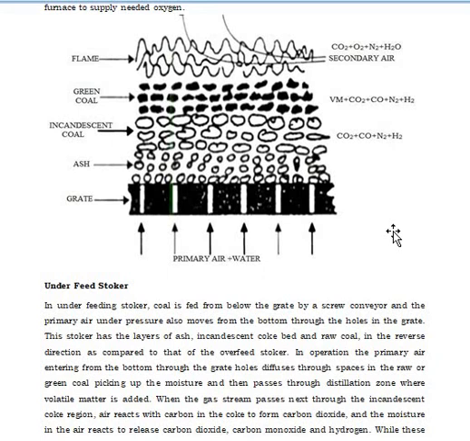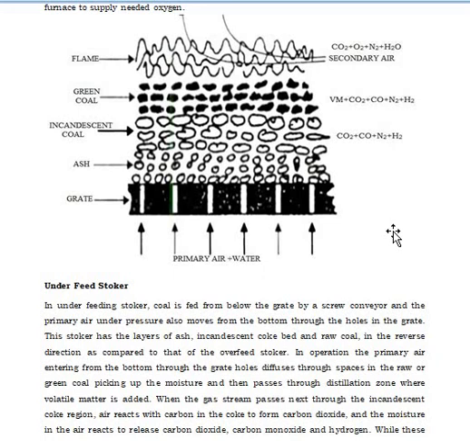This stoker has the layer of ash, incandescent coke bed, and raw coal in the reverse direction compared to the overfeed stoker. You can see the difference between the overfeed stoker and underfeed stoker.